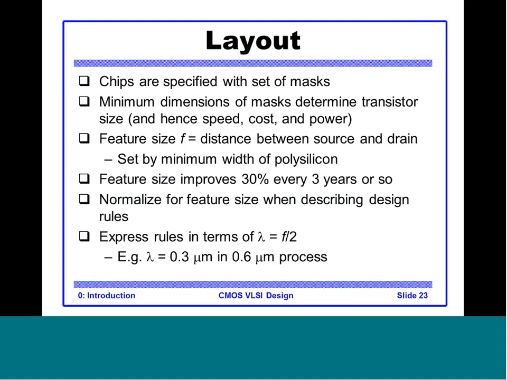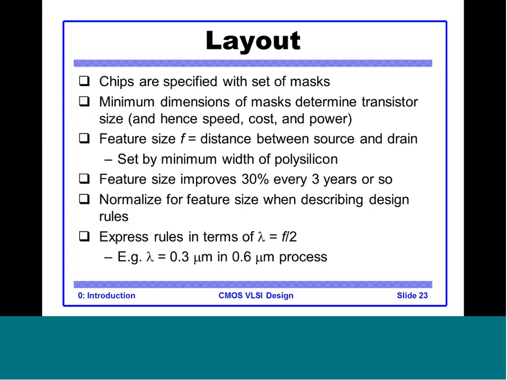Like a photograph is developed from a negative, you can say that a mask is a negative from which the positive, that is the photograph or the VLSI circuit, is made. Now the minimum dimensions of the mask determine the transistor size, and in turn they determine the speed, the cost and the power of the circuit.